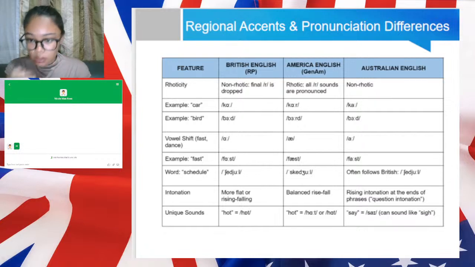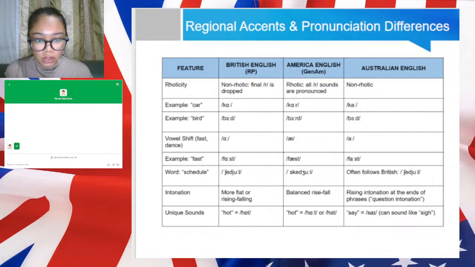Now, moving on to another feature that we will be focusing on, which is intonation. We understand that intonation is the melody of our speech. This is the way our pitch rises and falls. So it plays a big role in how we convey meaning and emotion. The table highlights the general tendencies for different regional accents.